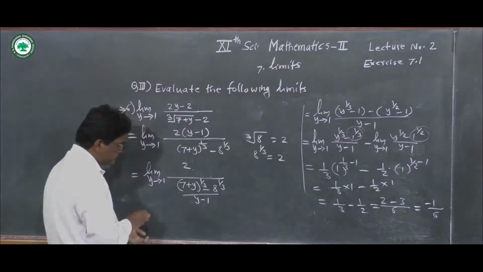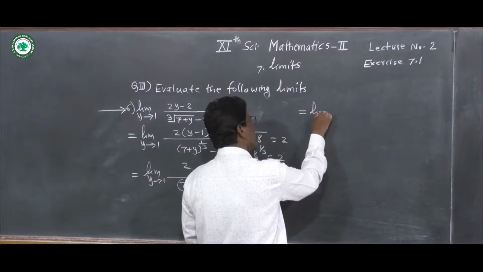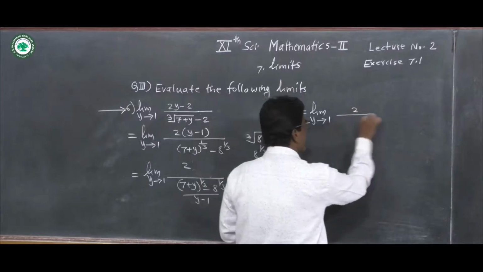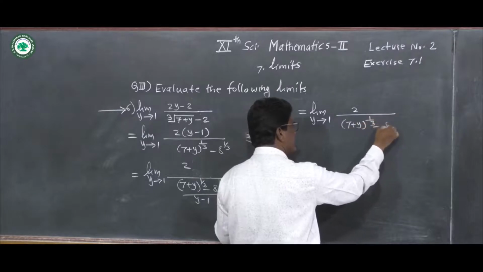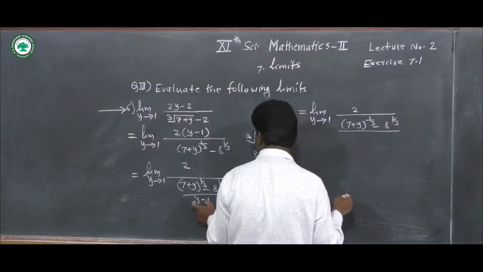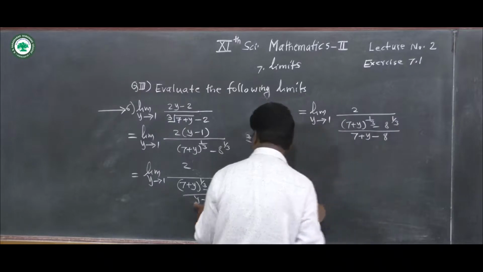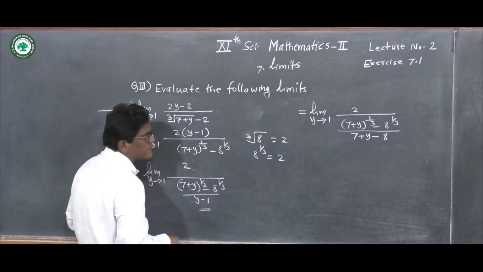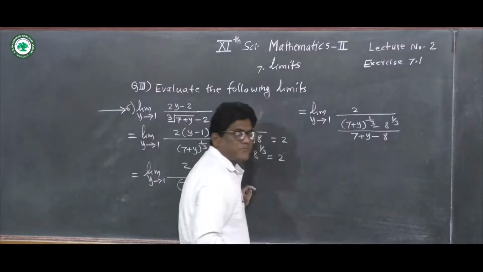Now here, limit as y tends to 1, 2 upon 7 plus y to the power 1 by 3 minus 8 to the power 1 by 3, and divided by, we write this y minus 1 as 7 plus y minus 8. 7 minus 8, that is minus 1.